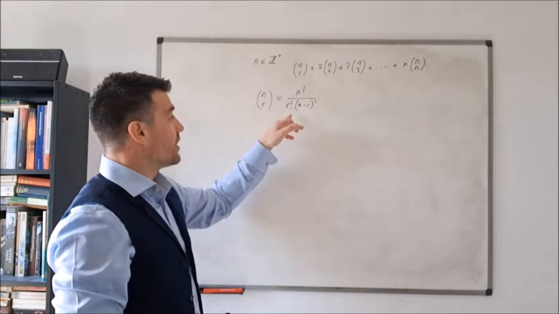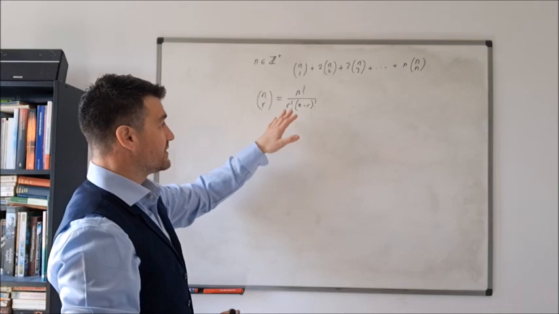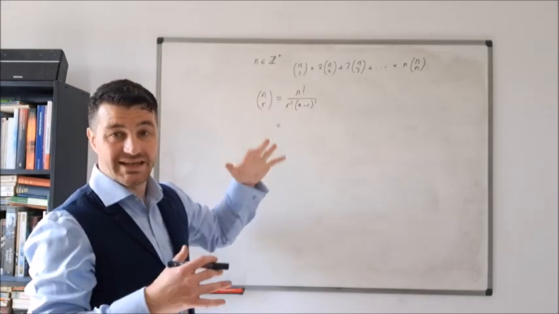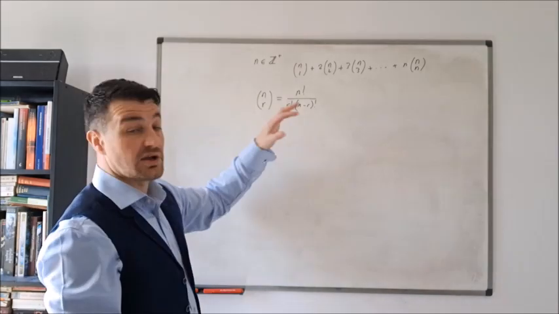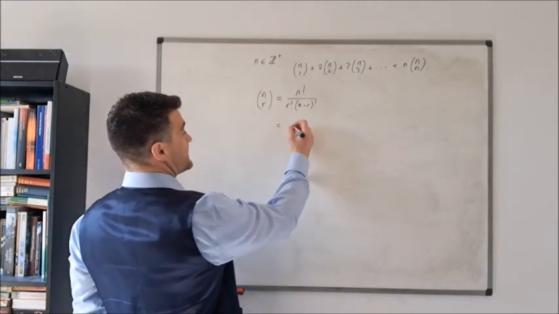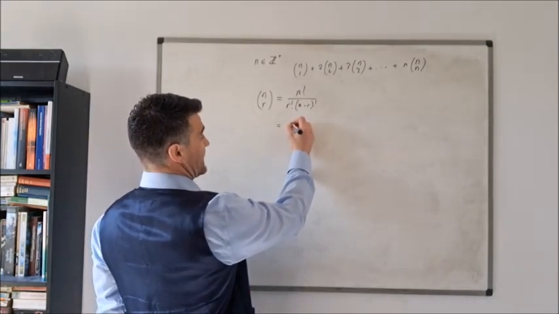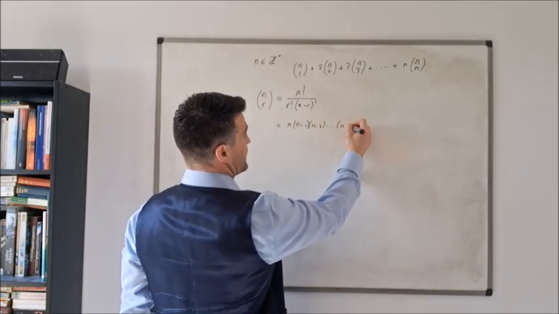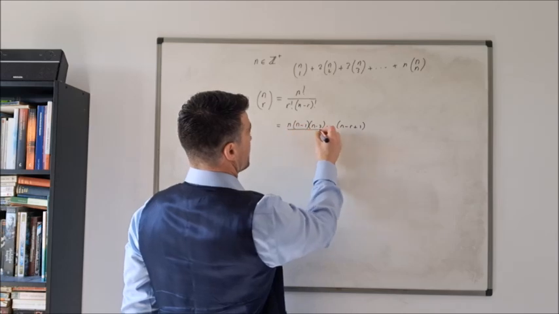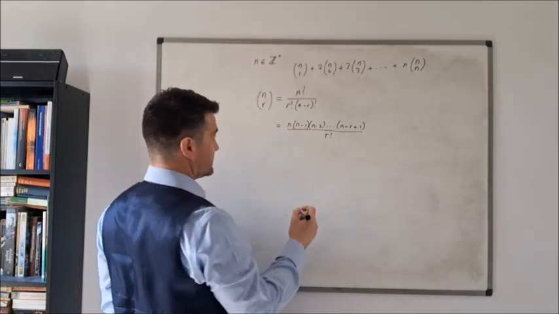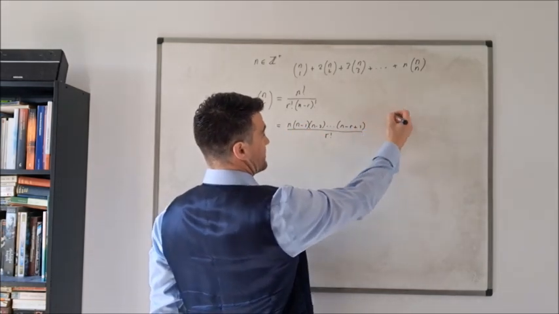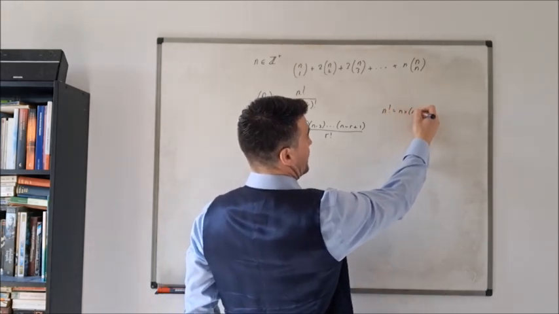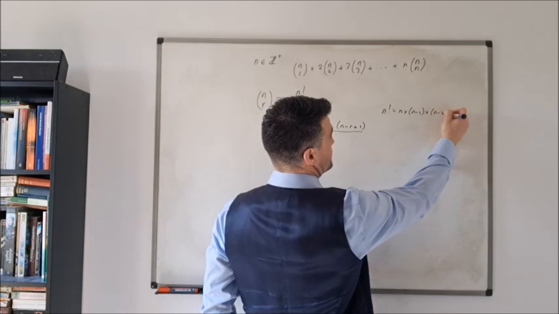So if you understand what these symbols mean, which I'll explain in a second, then you understand that the numerator and denominator potentially contain common factors that you can cancel out. And you get something like n times n minus 1 times n minus 2 times up to n minus r plus 1 over r factorial.